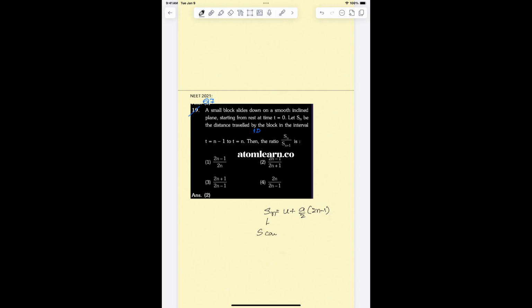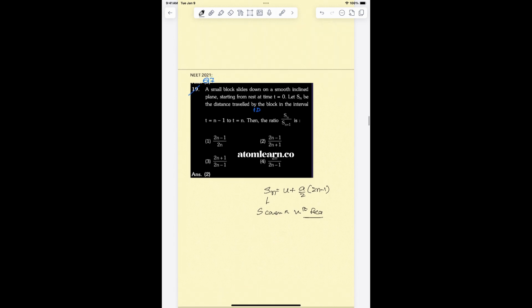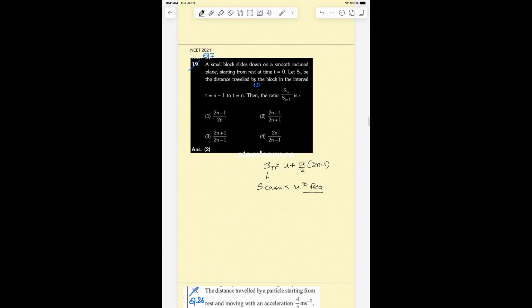This is called the distance covered in the nth second of travel. Now, this actually is not part of equation numbers 1, 2, 3 plus additional 4 and 5, because this equation is a kind of special case combining them.